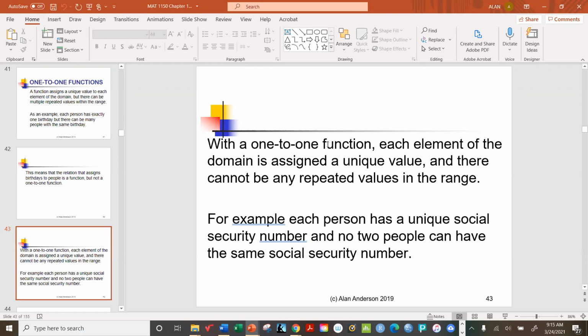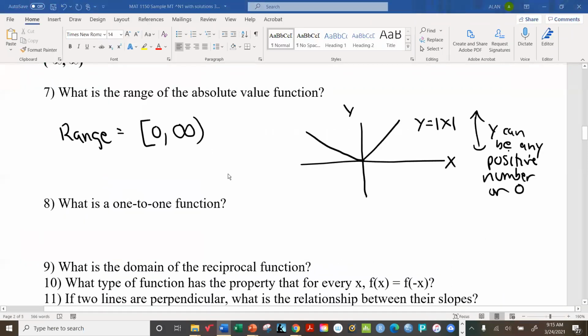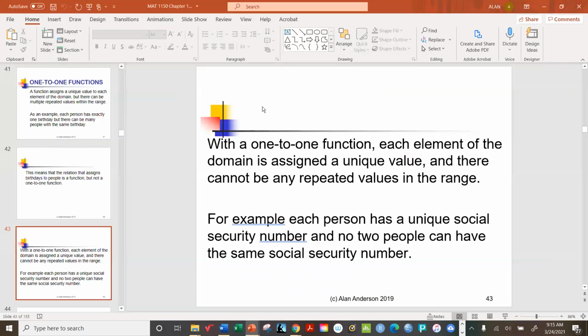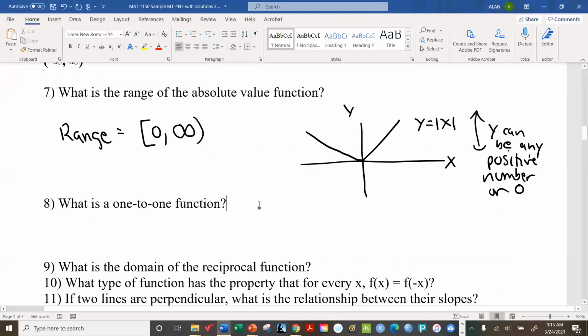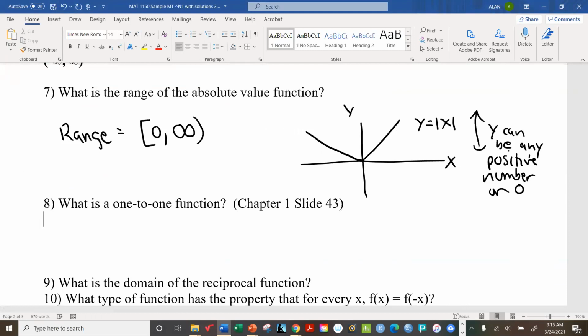Okay, so what would be the quickest way of writing this? By the way, this is chapter 1, slide 43. Okay, that sounds good. Yeah, those are all fine.